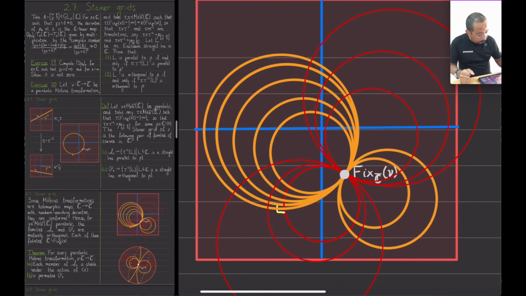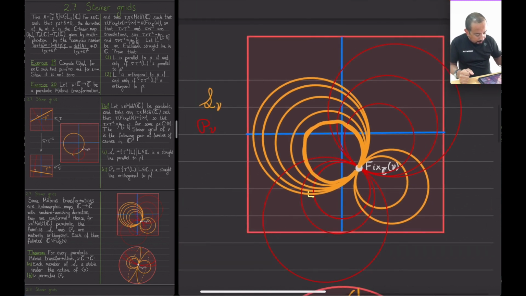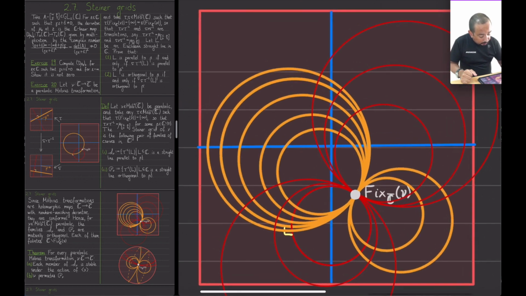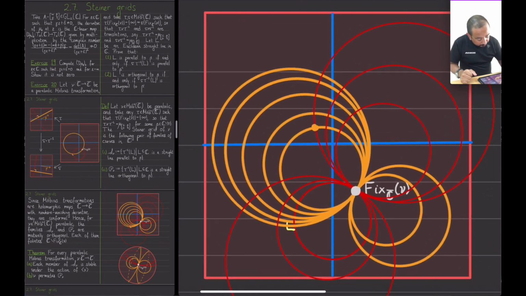So let me do it maybe with this. So consider this one, right? So that one, since I'm saying that S nu, I'm drawing it in orange, that one is stable under the action of nu. So what happens is that, let's say that this point goes to another orange point, and let's say, for instance, that it goes to this one.